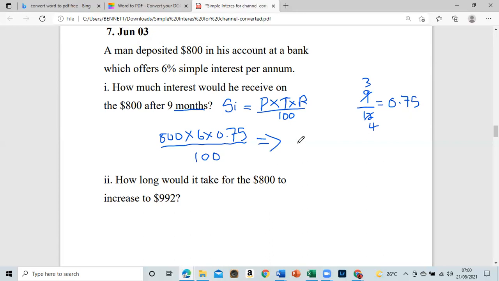So we get exactly 36. So only 36. All right, so let's go down to the other one now.